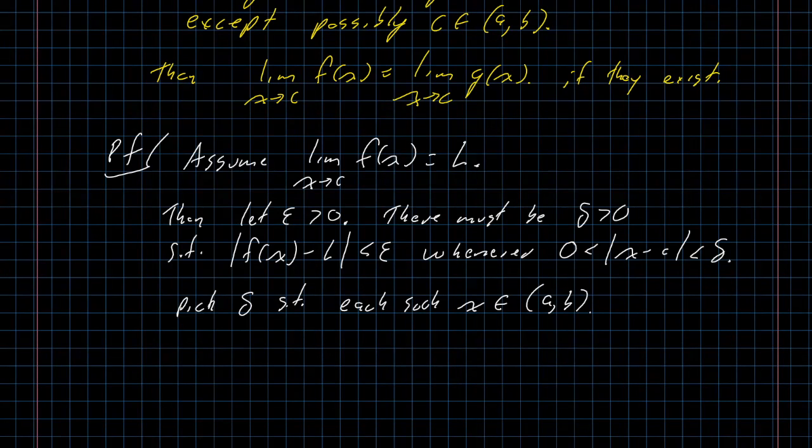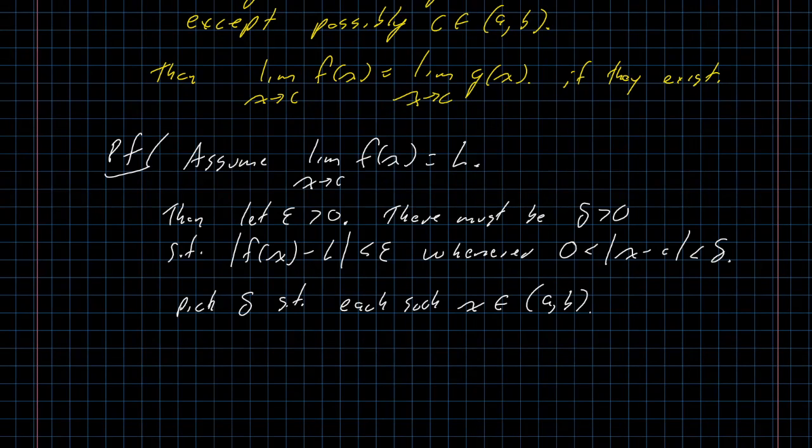And I want to pick my value of delta so that every x which satisfies 0 less than the absolute value of x minus c less than delta is in the interval from a to b. As I've done a couple of times, if there's a bigger value of delta that works for the limit, I can choose something smaller so that everything falls in the interval as well.